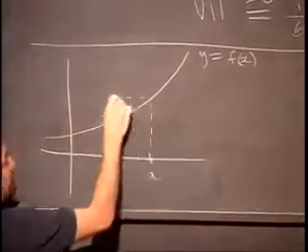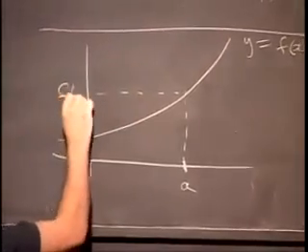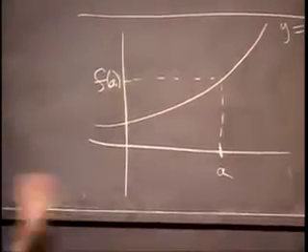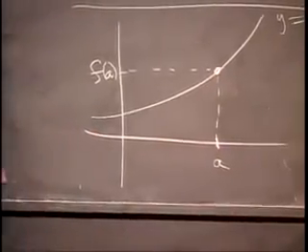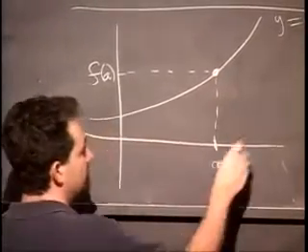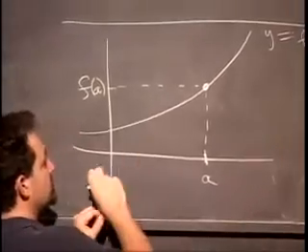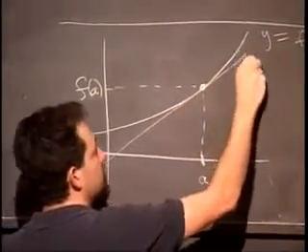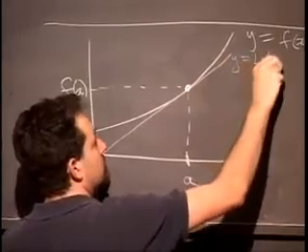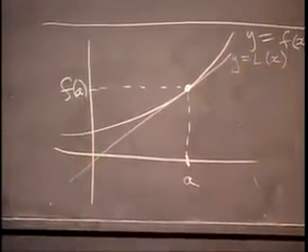I'm going to assume that I know exactly what's going on at A. That's the known anchor point, if you like. And instead, I'm going to use the linearization here to approximate f.